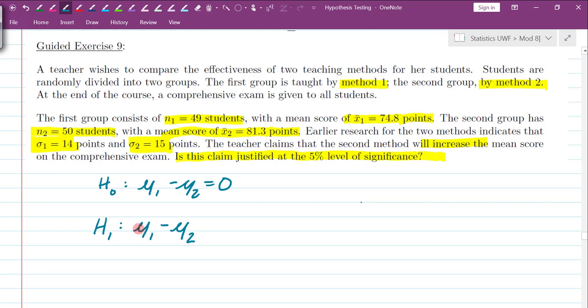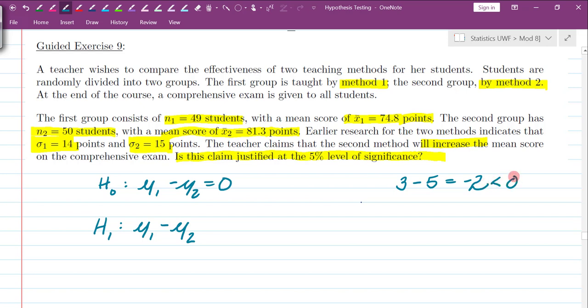So if I take a smaller value and subtract a bigger value, for example, if I have 3 and I subtract 5, it equals -2, which is less than 0.